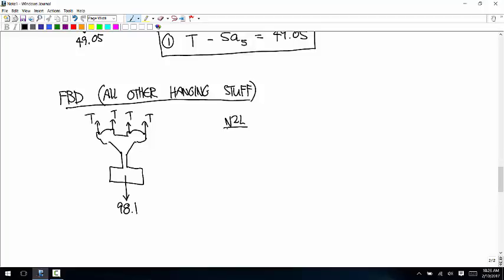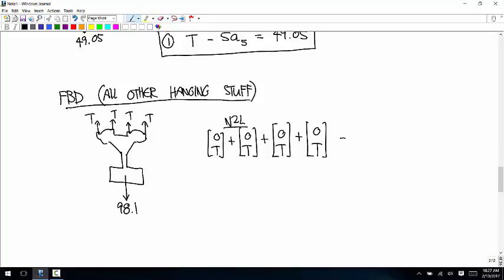And so Newton's second law says 0t plus 0t plus 0t plus 0t plus the weight, 0, negative 98.1, is equal to the mass times the acceleration of the 10 kilogram.